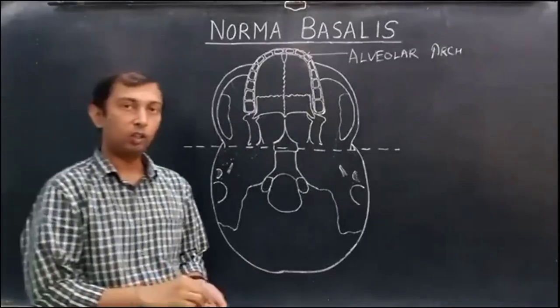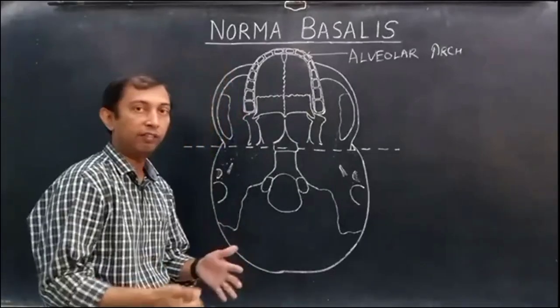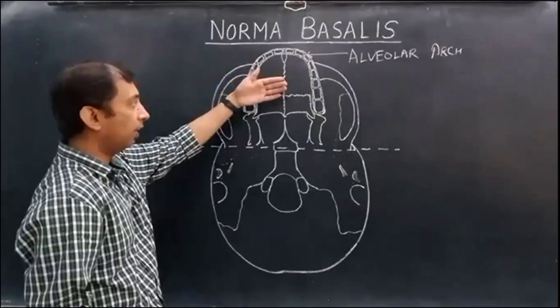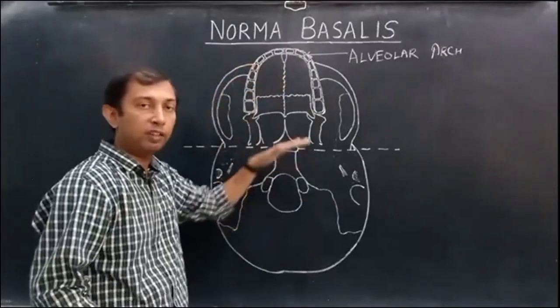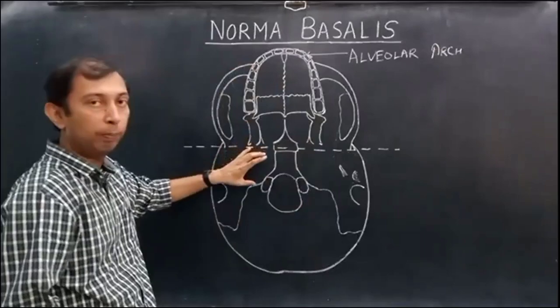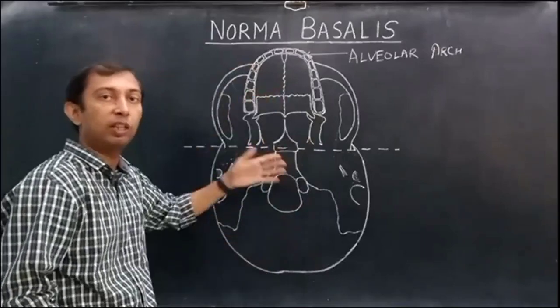So when we look at the Norma Basalis, we have already divided it into an anterior part, and we will also divide the rest into a middle part and a posterior part. So we will have three parts.